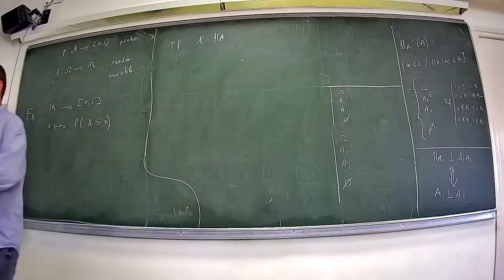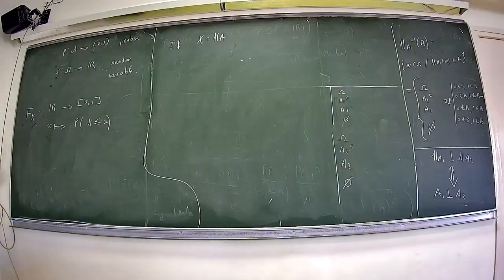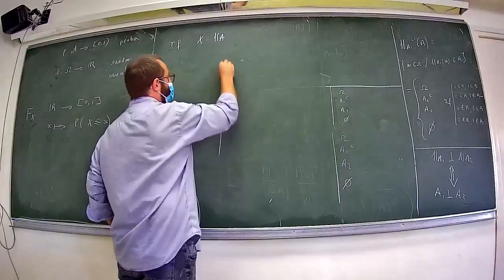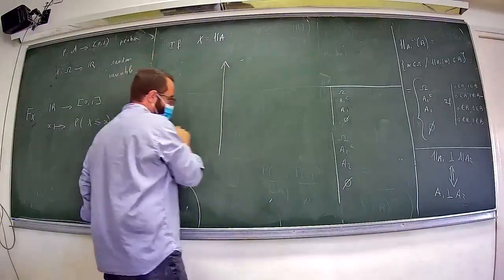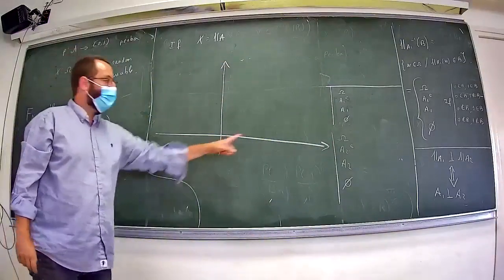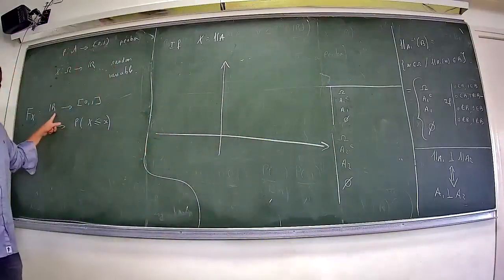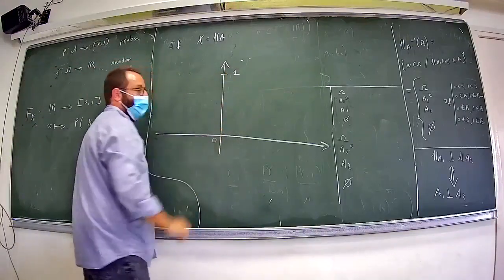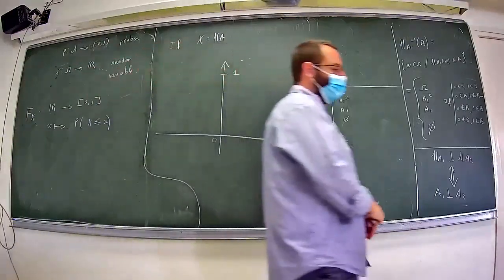I have said that it is a random variable, and I want to represent graphically this one. So I can do this kind of picture: my set of definition is the whole of R, and my values are between 0 and 1, okay?